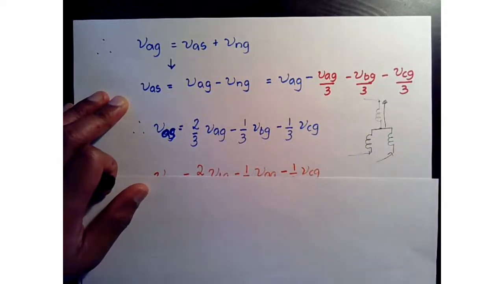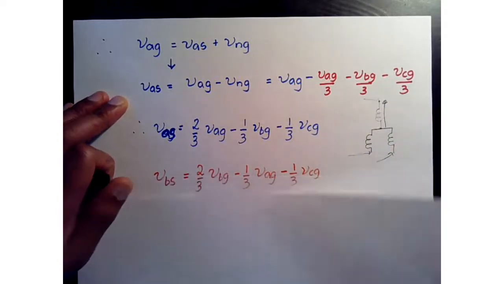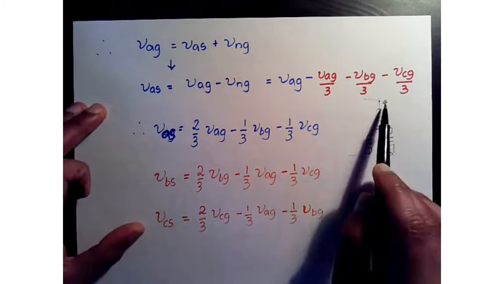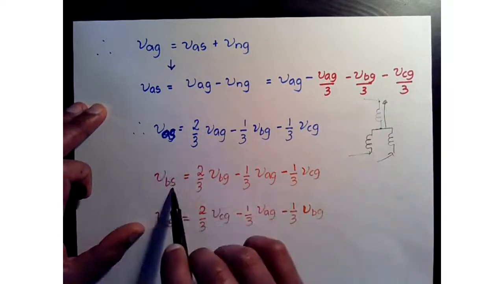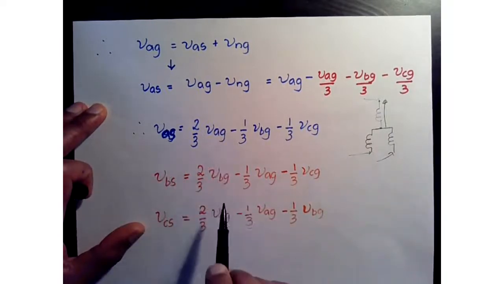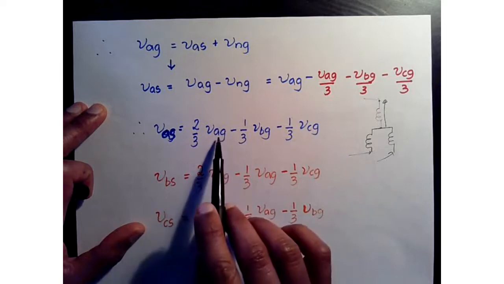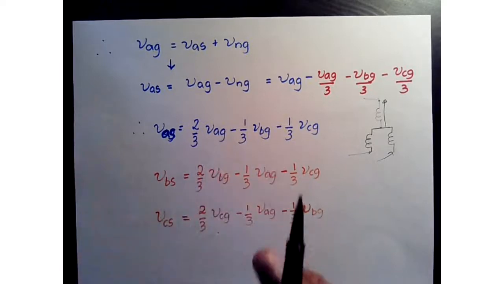That's the VAS that we are interested in. Those voltages, VAS, VBS, VCS, are a combination of the inverter output voltages.